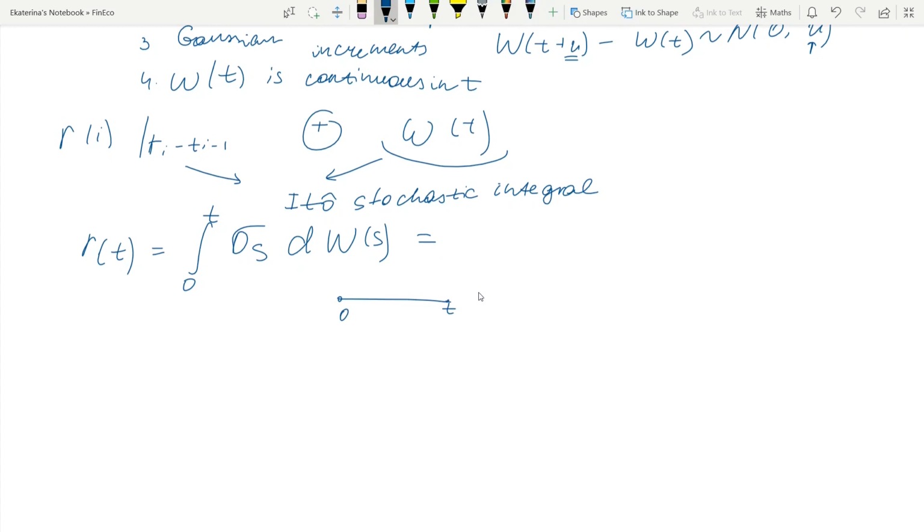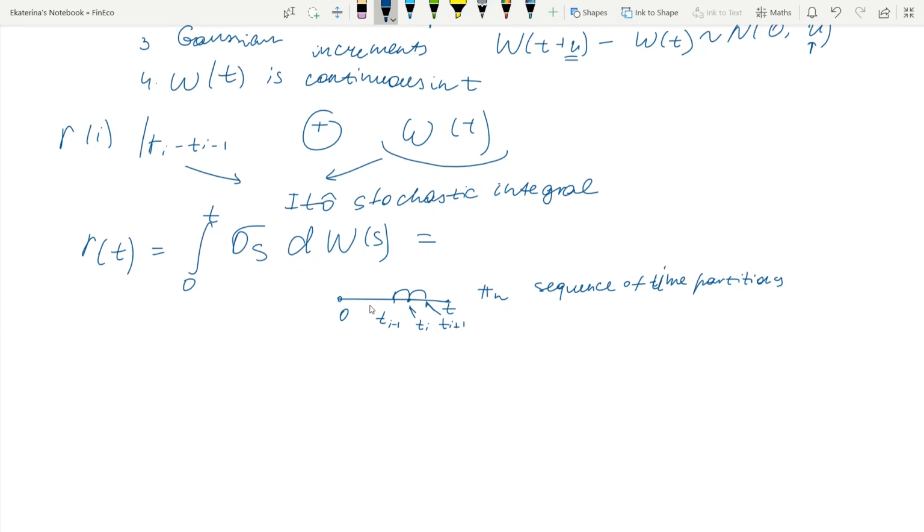Now you consider pi n, which would be the sequence of the time partitions. So you take the millisecond t_{i-1}, t_i, t_{i+1}, and then you look at your log return evolution over these little time partitions.